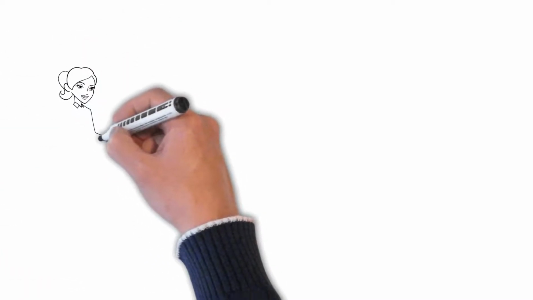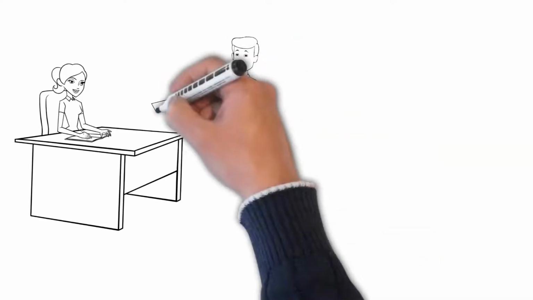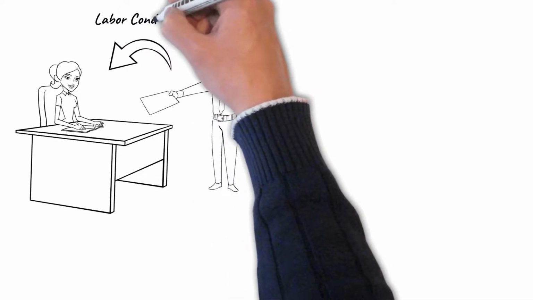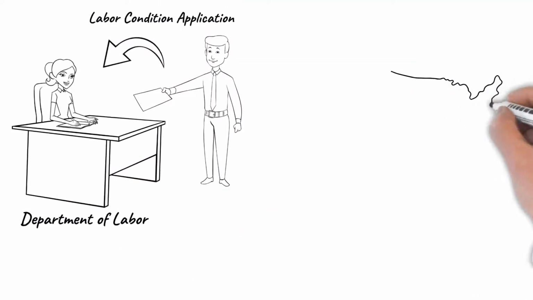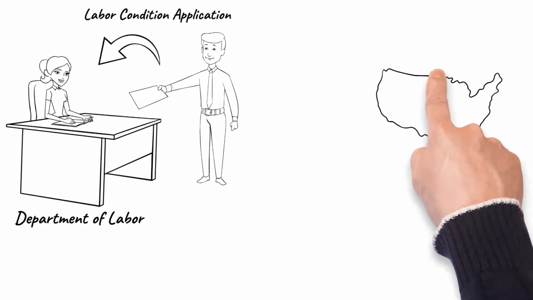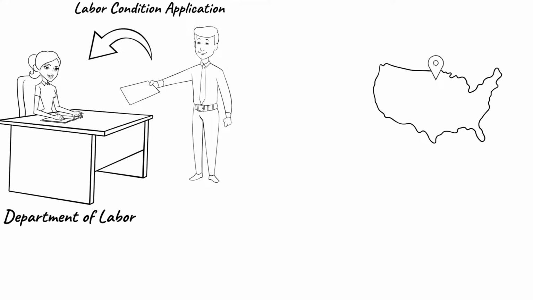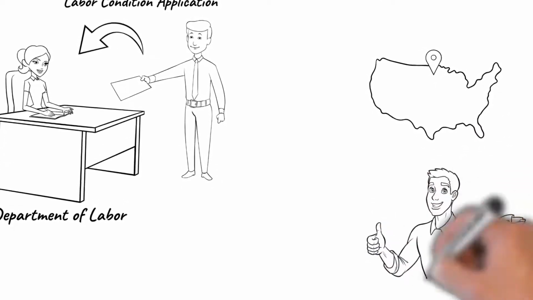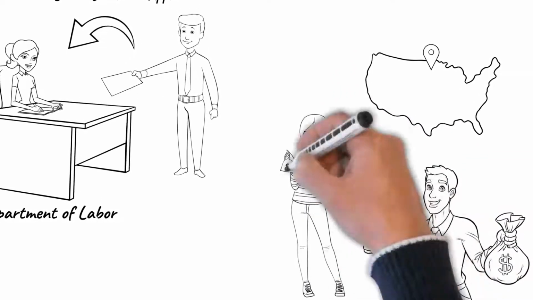Generally speaking, for any H-1B petition, including CAP subject H-1B petitions, one of the first items to complete is filing the Labor Condition Application, or LCA, with the Department of Labor. In the LCA, the Department of Labor, or DOL, requires that employers pay the H-1B worker the higher of two wages. Number one, the prevailing wage, set by DOL, is the average wage paid to workers in similar jobs in the same geographic area.